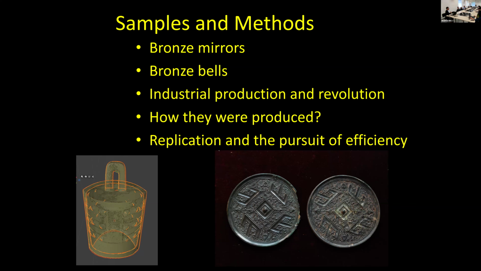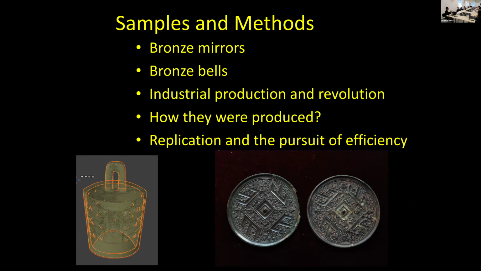If we talk about industrial production, we talk about replication and the pursuit of efficiency. I will talk about a lot of replication: replicated from clay models, from clay molds, and from existing bronzes.